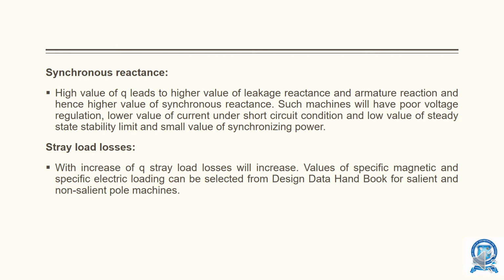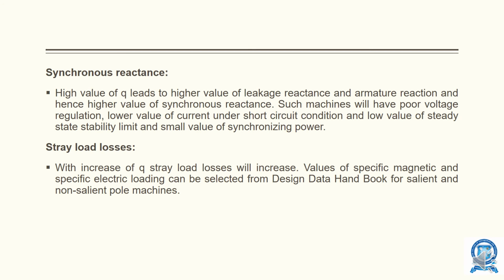Synchronous reactance: a higher value of Q leads to a higher value of leakage reactance and armature reaction, and hence a higher value of synchronous reactance. Such machines will have poor voltage regulation, a lower value of current under short circuit condition, a low value of steady state stability limit and a small value of synchronizing power.